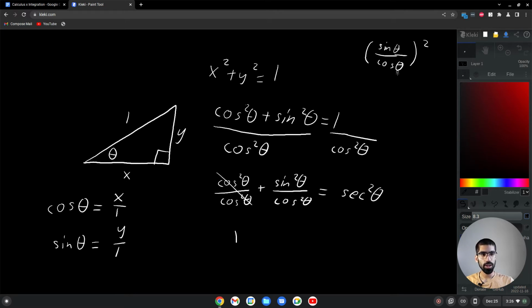And so sine theta over cos theta, well, we recognize that as tan theta. But we have tan theta squared, so we have tan squared theta here. And that's equal to secant squared theta. This is the identity we need. So let's go back.